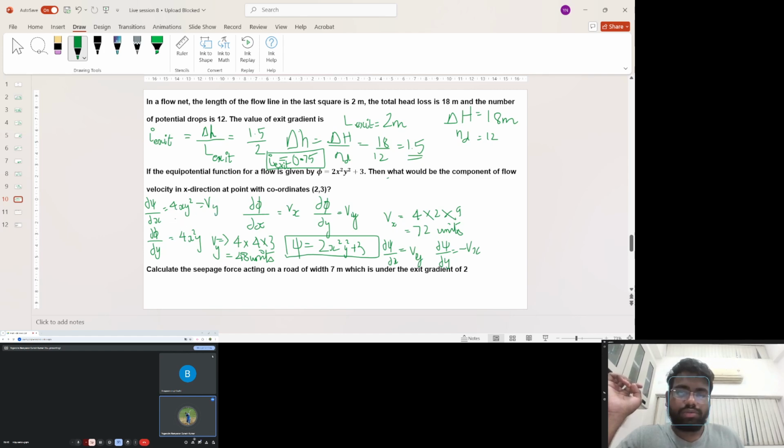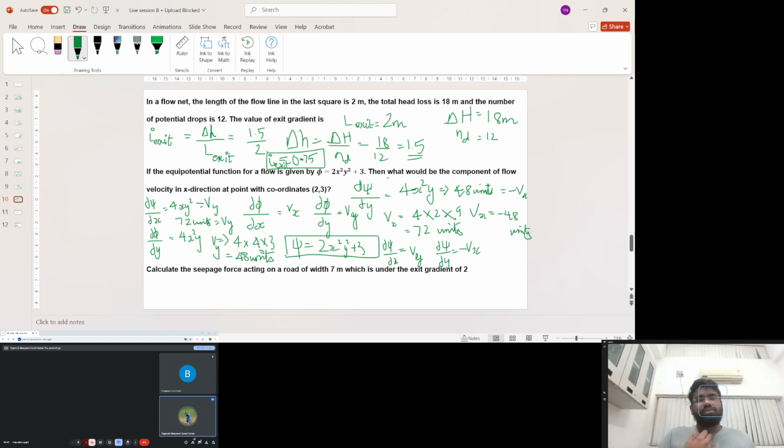At this coordinate we will get 72 units as Vy. And for Vx, dou psi by dou y is equal to 4x square y, which is equal to 48 units, and that is minus Vx. So Vx will be minus 48 units, in the other direction.